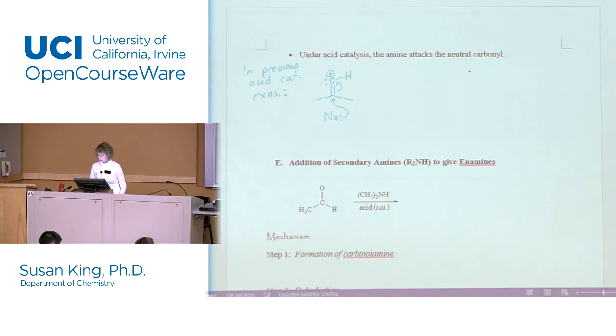We said it's because the amine is strong enough to attack the carbonyl without protonation. But the other reason is that this is not formed, because the amine will be protonated first. Sorry about that.